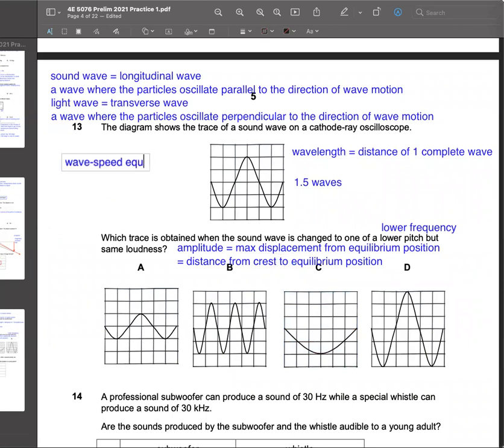V equals f lambda. So v equals frequency times wavelength. Then what's frequency equal to? 1 over period. What is period? Time taken for one complete wave.